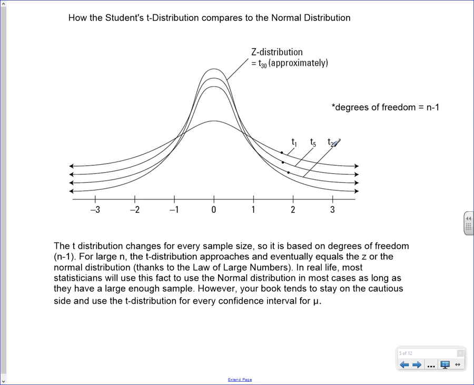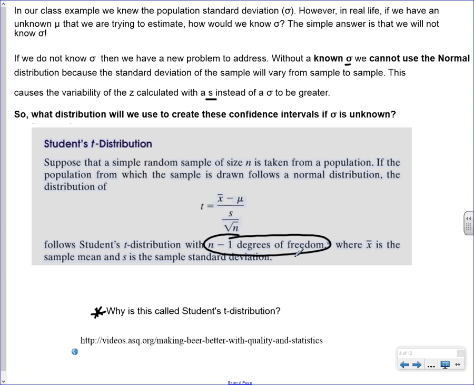The t-distribution has something a little different that we don't talk about in the normal distribution, and that's the degrees of freedom. Because the t-distribution is based off a sample size, we have to have something to talk about what our sample size is. So the degrees of freedom references that.